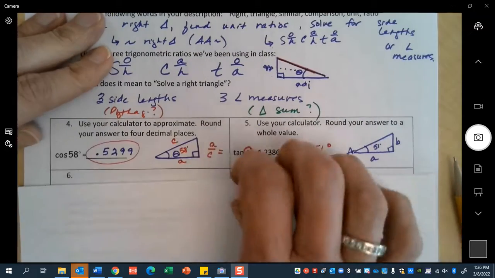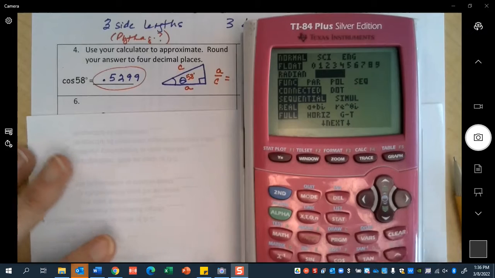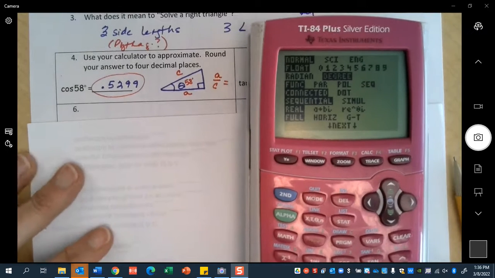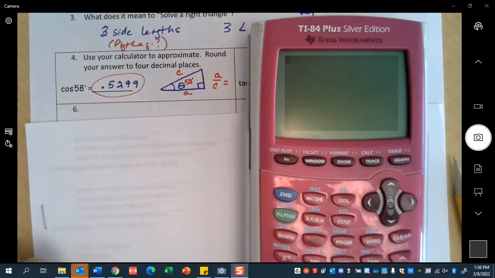All right. So when it's time to find this cosine, use your calculator to approximate. I'm asking for the cosine of this degree angle. That's the scale factor. That's the trig function. That's the ratio between my adjacent and hypotenuse of a right triangle.